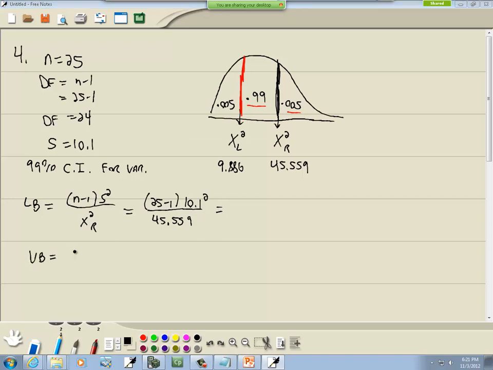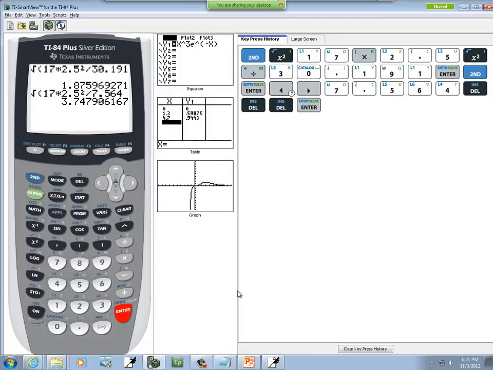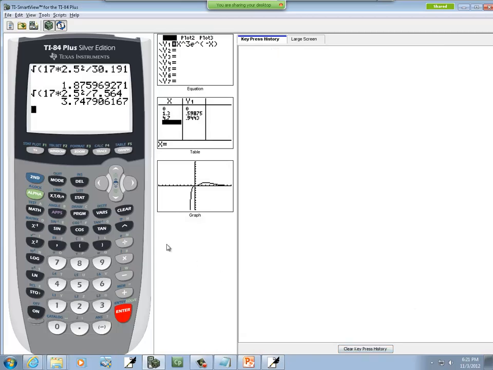Now our upper bound, this formula, we're going to have n minus 1 times s squared over left chi-square. So we'll have 25 minus 1 times 10.1 squared over the left chi-square, which was 9.886. So we got 24.